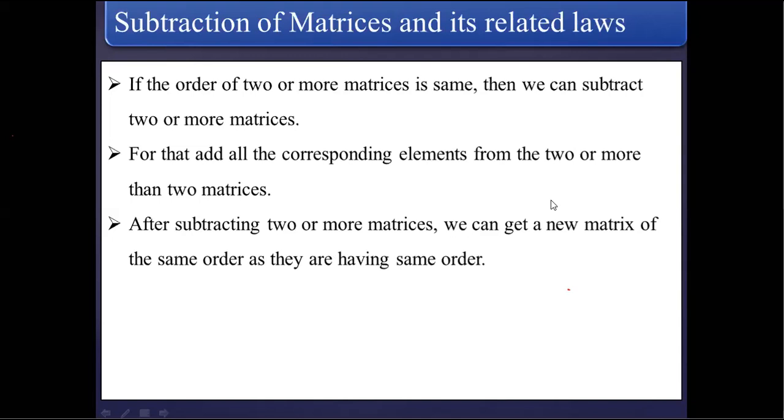If you want to add two or more matrices simultaneously, then all the matrices should have equal order. That means the order of both or all the matrices should be the same.